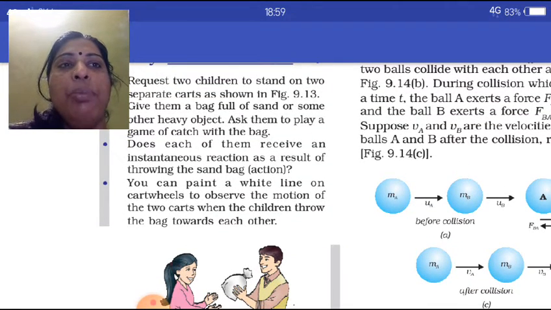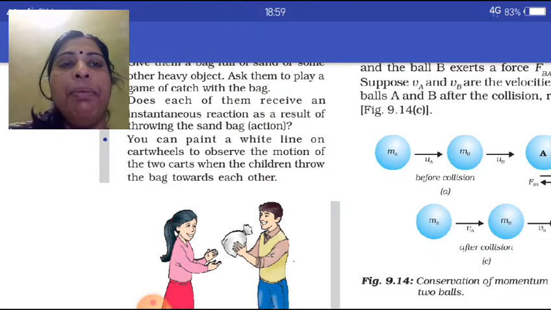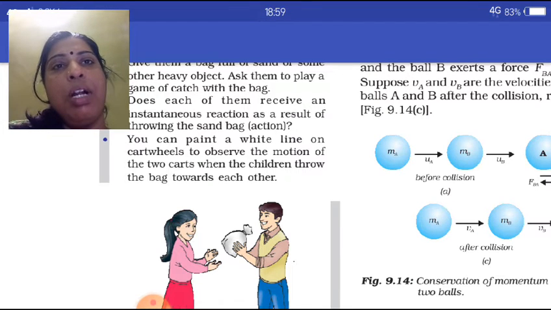Does each of them receive an instantaneous reaction as a result of throwing the sand bag? You can paint a white line on cart wheels to observe the motion of the two carts when the children throw the bag towards each other.